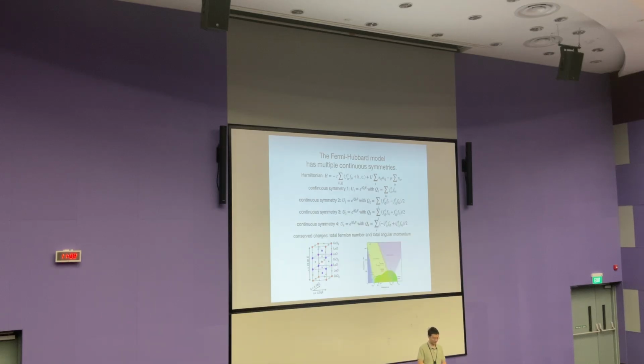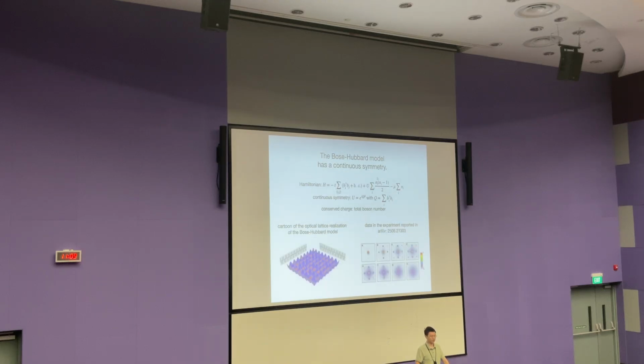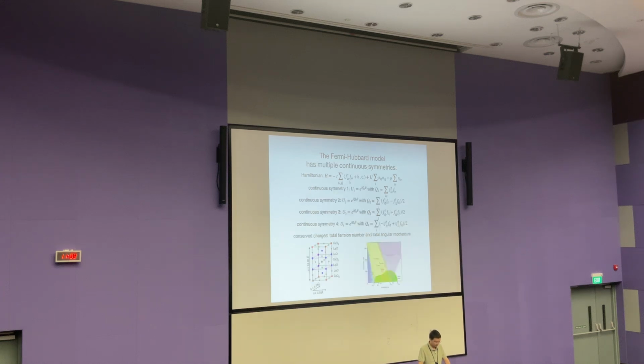Okay, the second example is also the Hubbard model, but it belongs to not bosons but fermions, the Fermi-Hubbard model. Then it has a lot more continuous symmetries. The model looks very similar, you see. Both of them have 3 terms. So this term, again, represents the hopping of the fermions in the nearby sites.